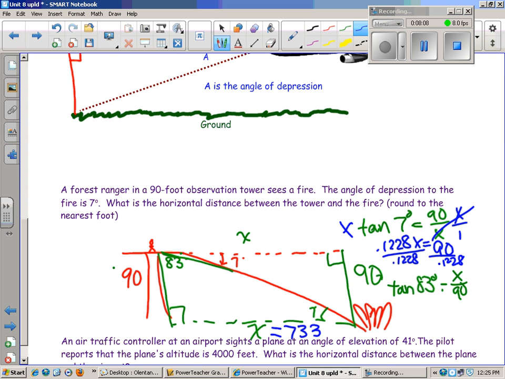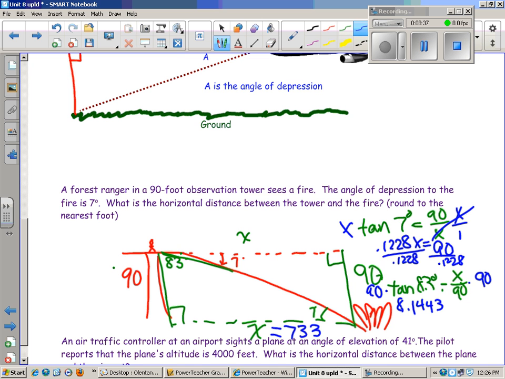All right, or I could just take tangent of 83 times 90, so multiply both sides by 90. What is tangent of 83? Can someone type that in? 8.144, give me one more decimal. 8.1443.